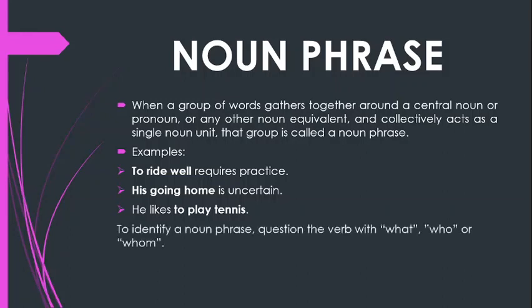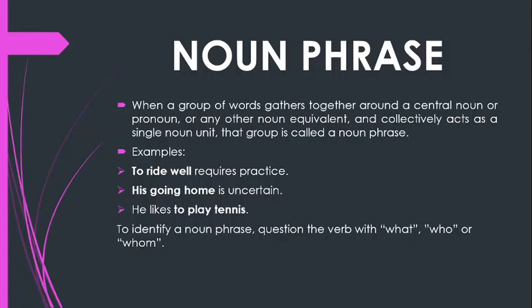So by now you have understood really well what you need to do when you are faced in the exam with questions like "identify the phrase in the given sentence." To identify a noun phrase, just question the verb with what, who, or whom. Remember to check for the presence or absence of a finite verb.